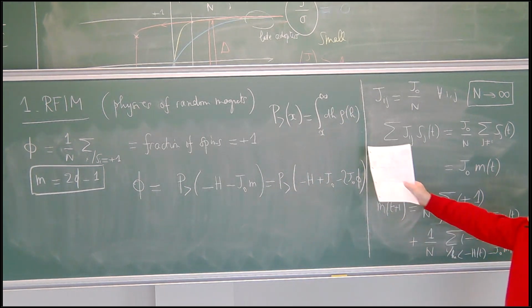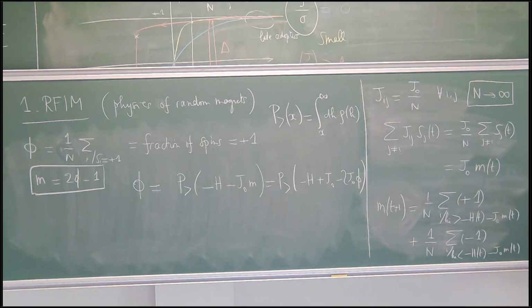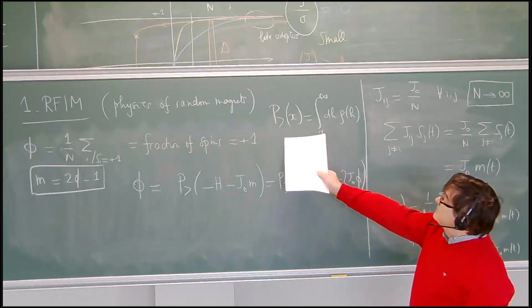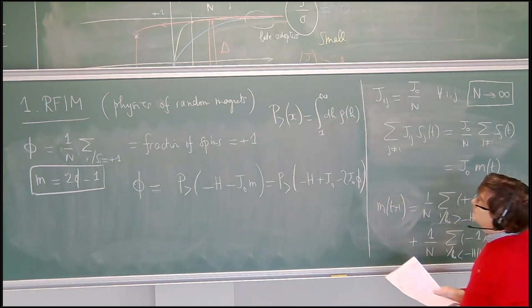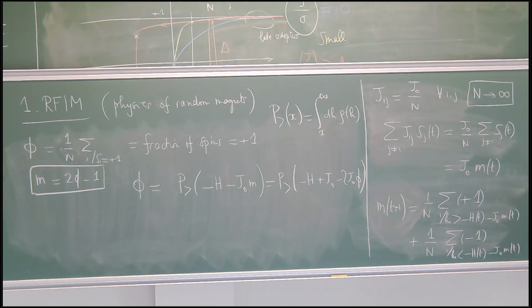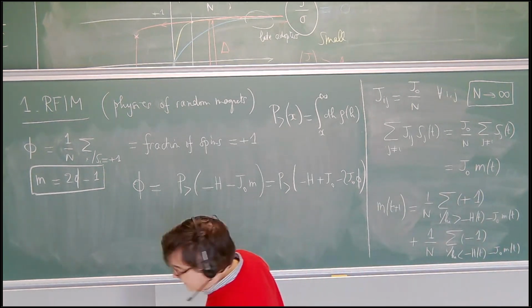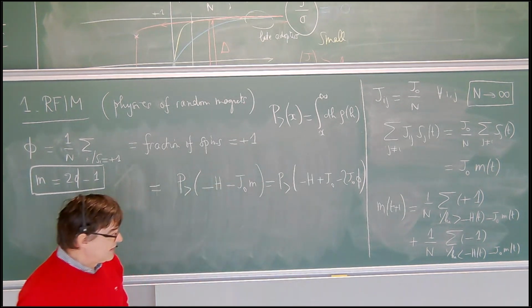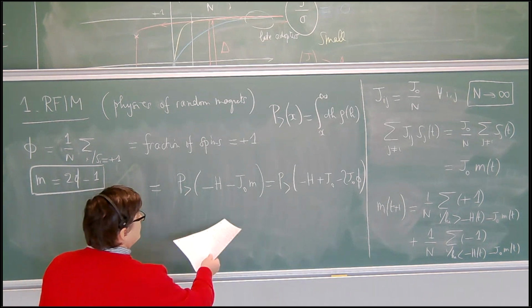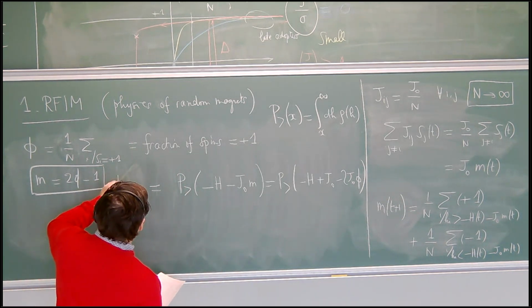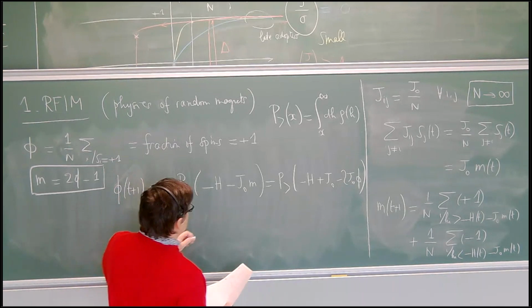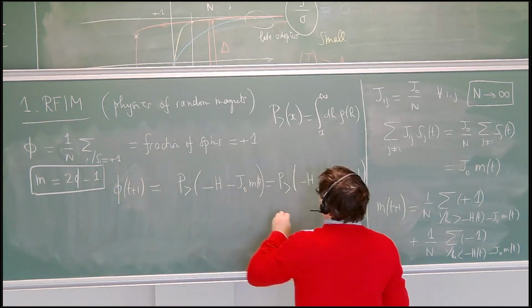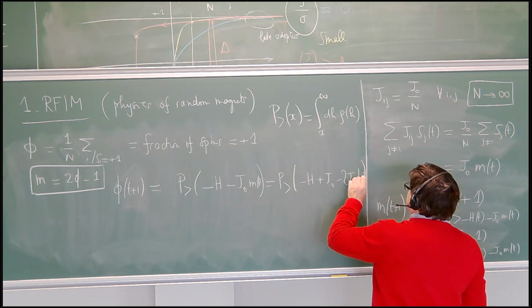So rho of h again is the distribution of idiosyncratic preferences, and this is the complementary cumulative distribution. So it's the probability that small h is larger than some quantity. And so you see that, oops, I forgot the times. You see that I can convert this equation here into this equation here. So what I'm actually computing is phi of t plus 1 is equal to P of, there's a t index everywhere.